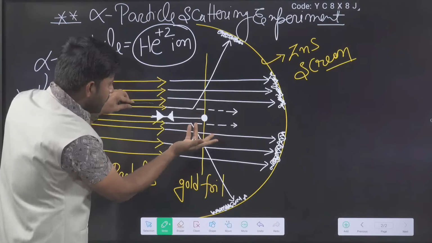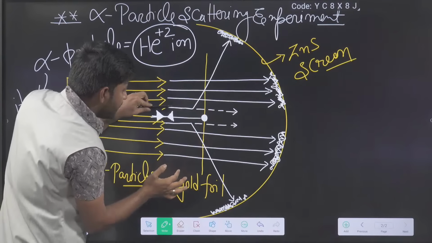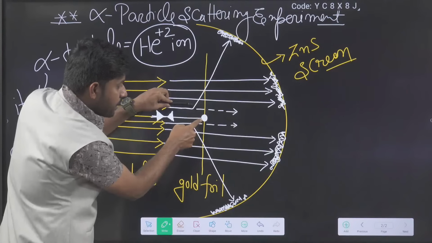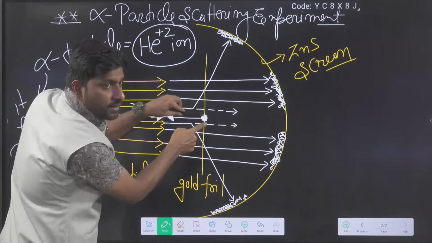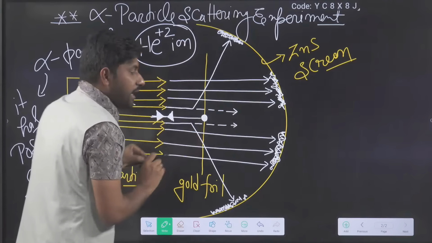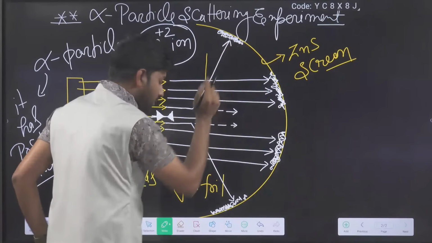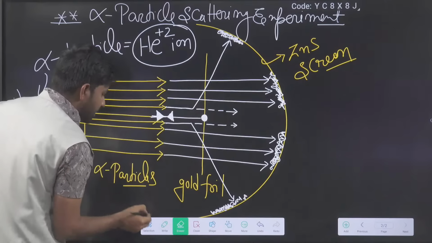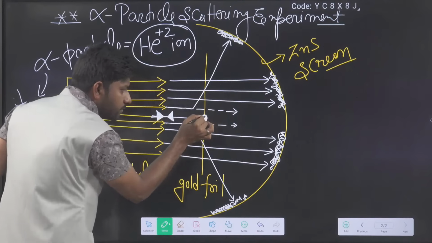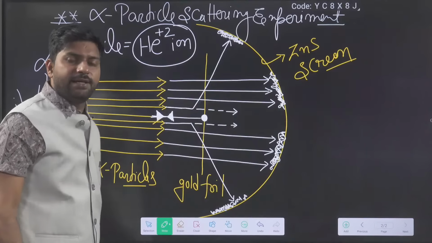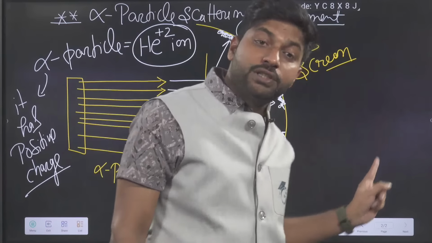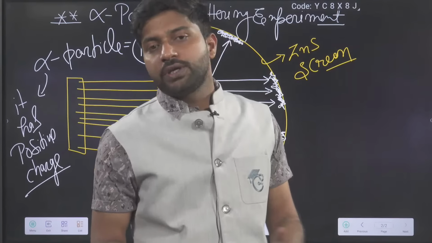But when the alpha particle came, if it is negative, the alpha particle should be attracted to this side. If it is positive, the alpha particle should repel like that. And the alpha particle actually repelled, which means whatever part was here, inside that, 100% positive charge is available, because positive charges repel each other.